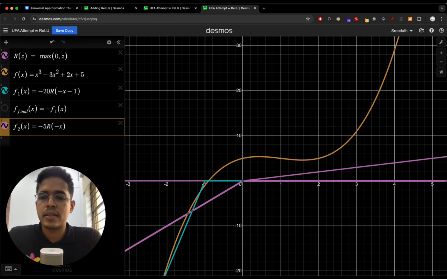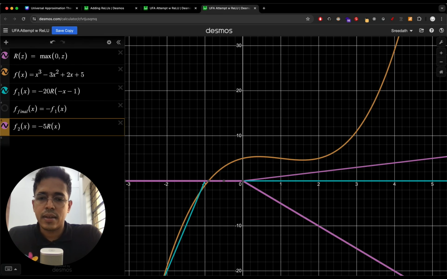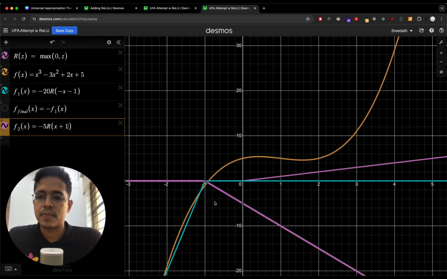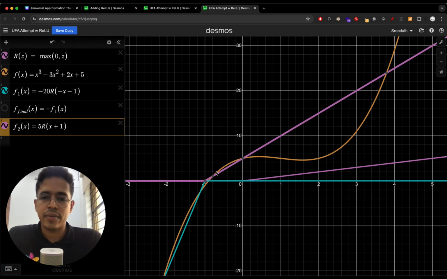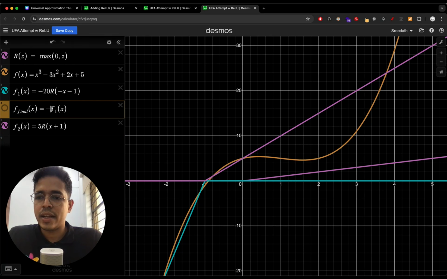So this is the pink ReLU, but the problem here is I should actually just have a ReLU with plus x, plus 1, and slope is plus 5, and this can represent it really well. Now let me see, f final equal to f1 of x plus f2 of x. What if I display only f final?